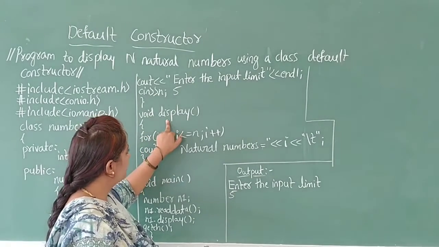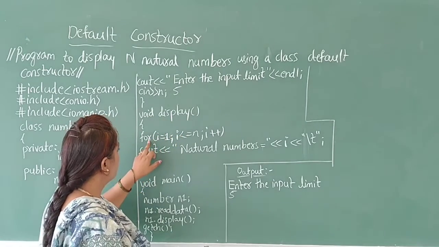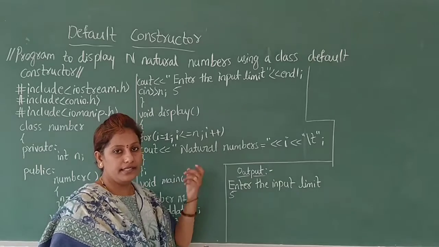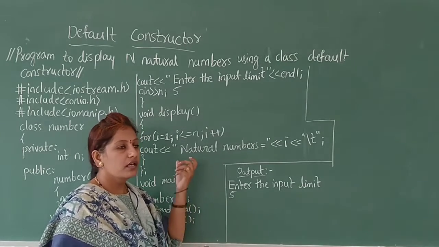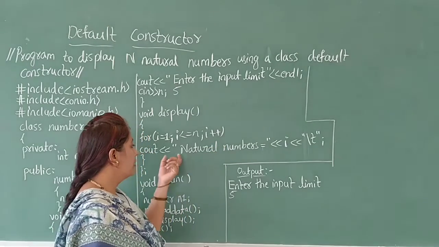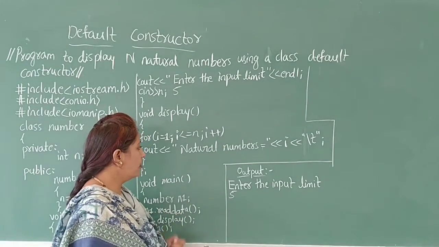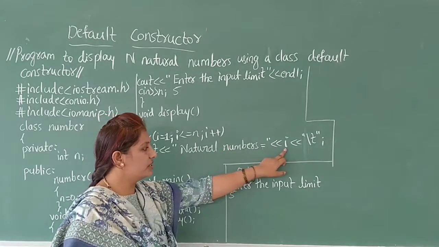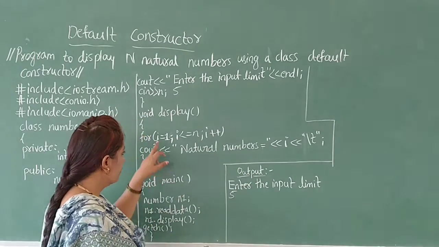It is defined inside the class and it contains one looping statement, that is for, with initialization value, condition value and increment value. Next, it contains a cout statement to display natural numbers using i.